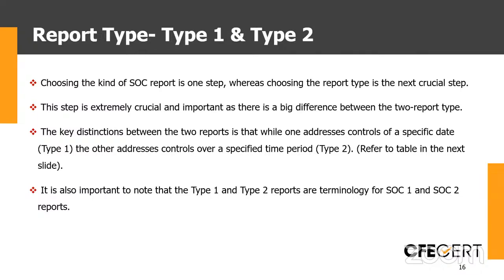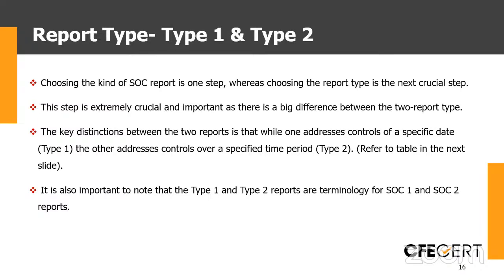All those details will be there, and the final opinion will be qualified or non-qualified. A qualified opinion would mean that there was a significant deficiency in the operating effectiveness of the controls, which they noted while testing the controls. A non-qualified opinion will mean a clean report, and there were no significant or material weaknesses or gaps or deficiencies that the auditor noted during the attestation of the controls.